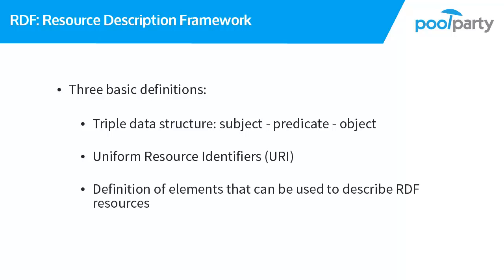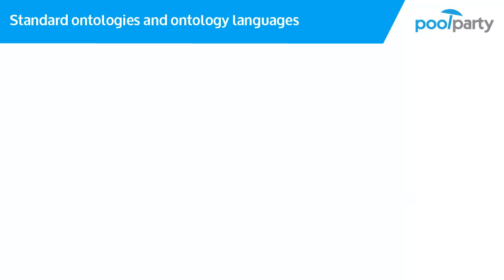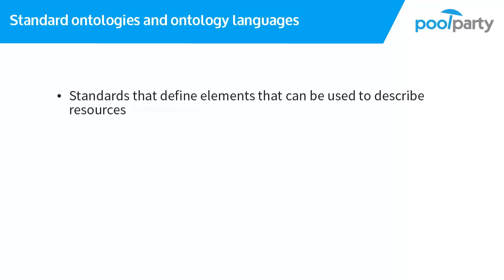And third, the definition of some basic elements that can be used to describe RDF resources. There are a number of other standards that define elements that can be used to describe resources. They don't only define predicates, but also classes, that is, types of resources that you can assign to resources in your dataset. These standards are called ontologies.